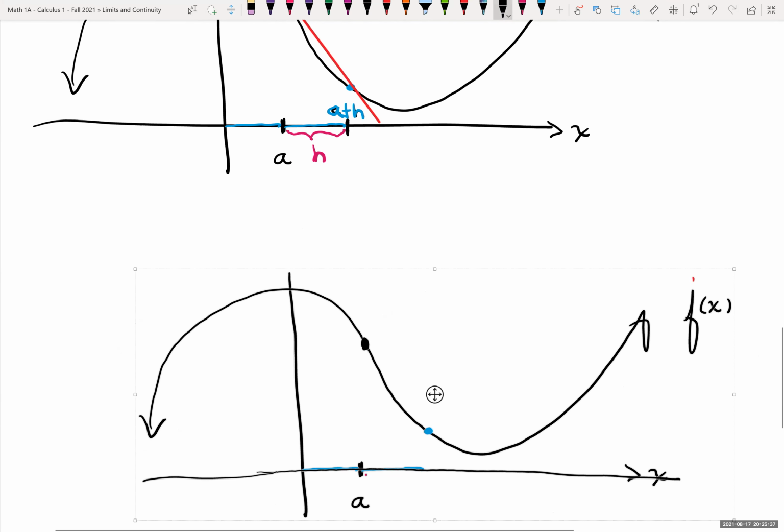I make that h value even smaller than right here, so maybe right in here.